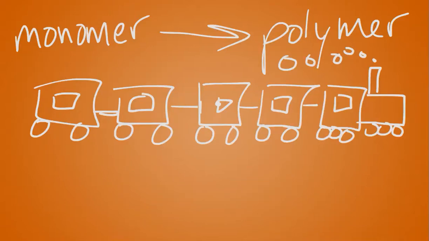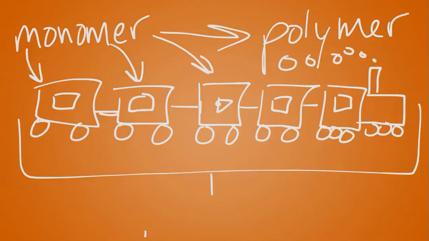Here, each individual car would constitute a monomer, a single unit, and then the entire train itself would be like a polymer or a macromolecule. So this is the way the major biological compounds are put together.